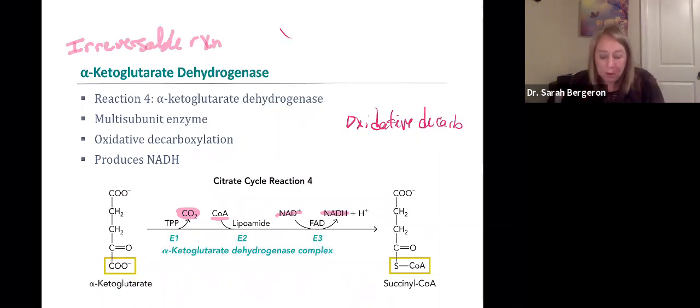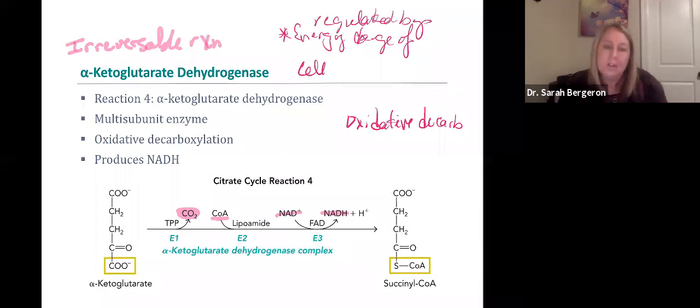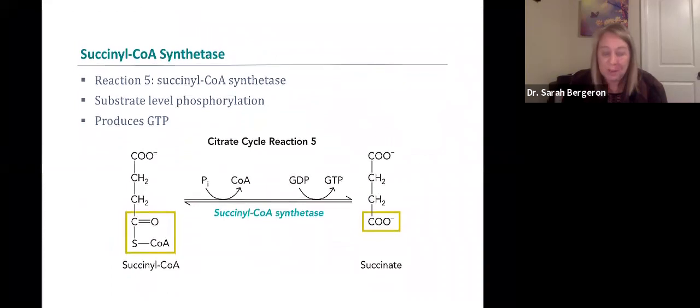So this one is also regulated by energy charge of the cell. And so you already know this mechanism. This is a mechanism that you've already really learned because it all has the same E1, E2, E3 complex. So this one looks complex, but it's actually really easy.